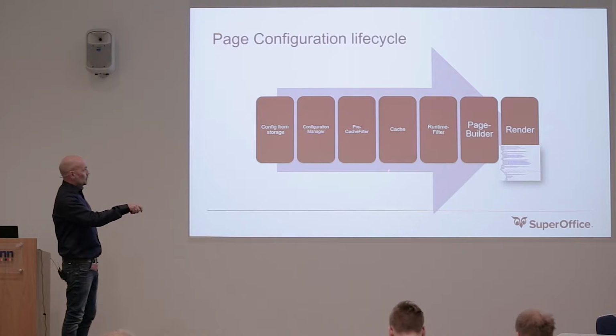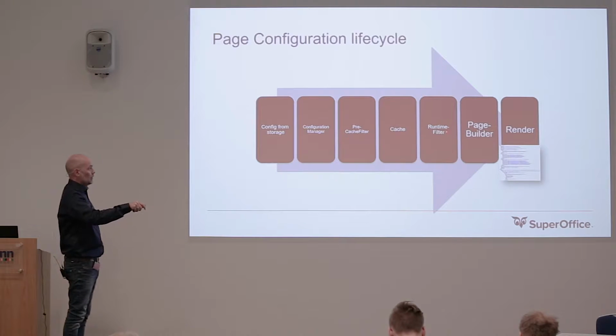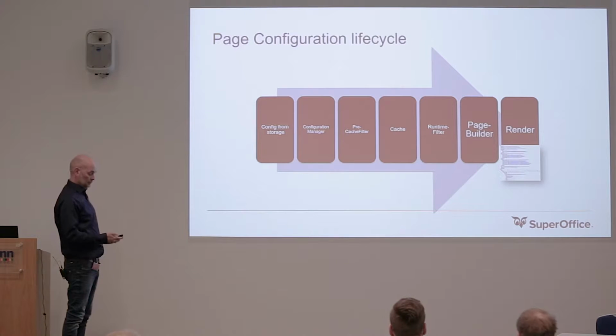So the page builder, after it's gone through all the filters, puts it in the cache. Runtime filters are manipulating the XML based on the kind of context: who you are, where you're at, and what rights you have. The page builder will then transform this into actual objects, and it will, in the end, render out as HTML.